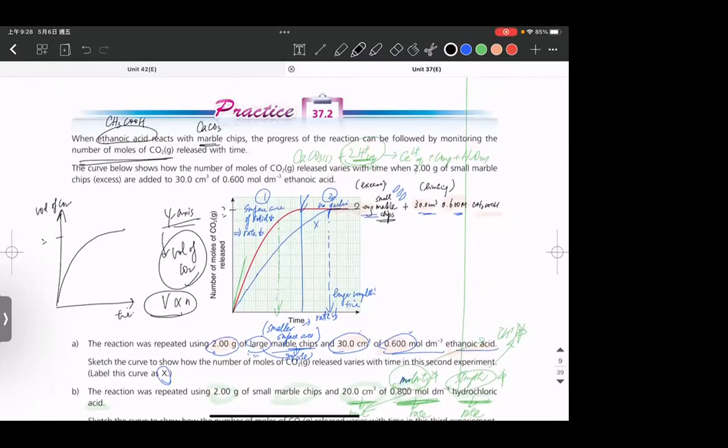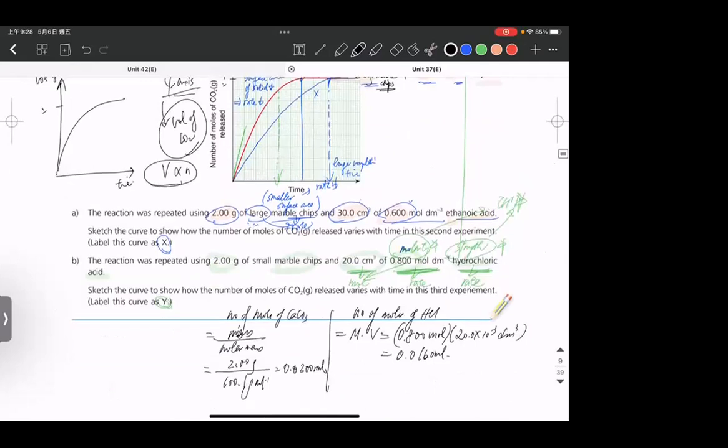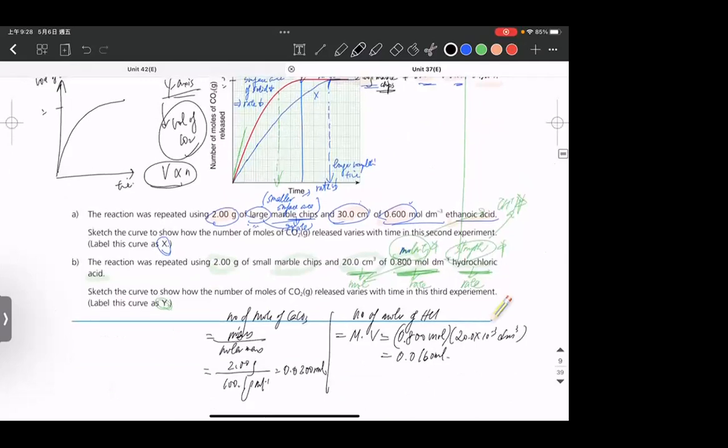Okay, so take a look at this against the equation, 1 to 2 mole ratio. So according to this, which one is limiting? Which one is in excess? Calcium carbonate in excess or HCl in excess? Matthew.